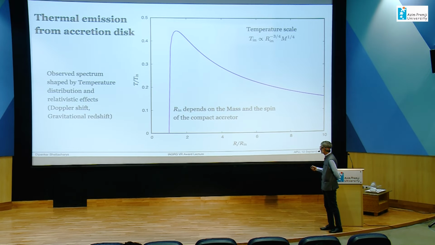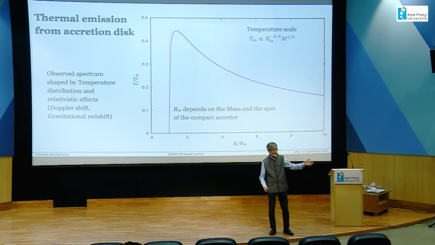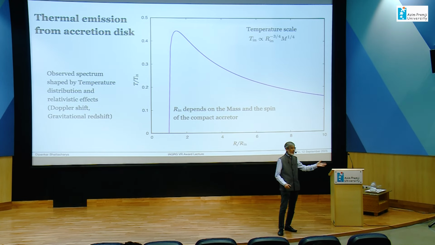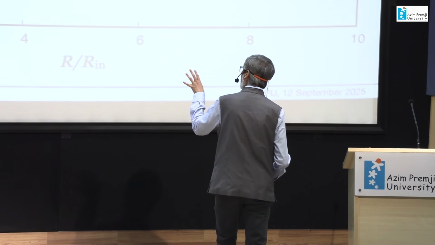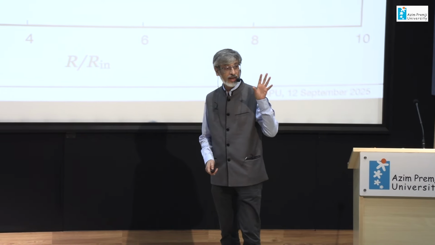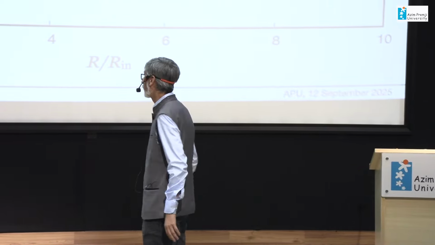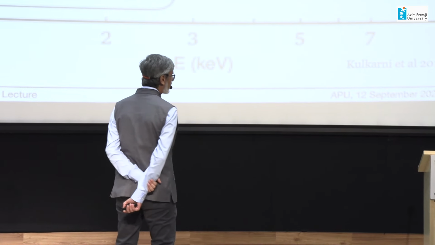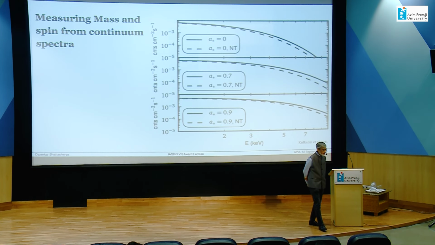And the inner radius of the disk depends on the mass and the spin, because the innermost stable circular orbit, as we saw, depends on the mass and depends on the spin. So if we are able to measure this, we should be able to find the mass and spin of the black hole. And this is one of the relativistic effects that we measure.